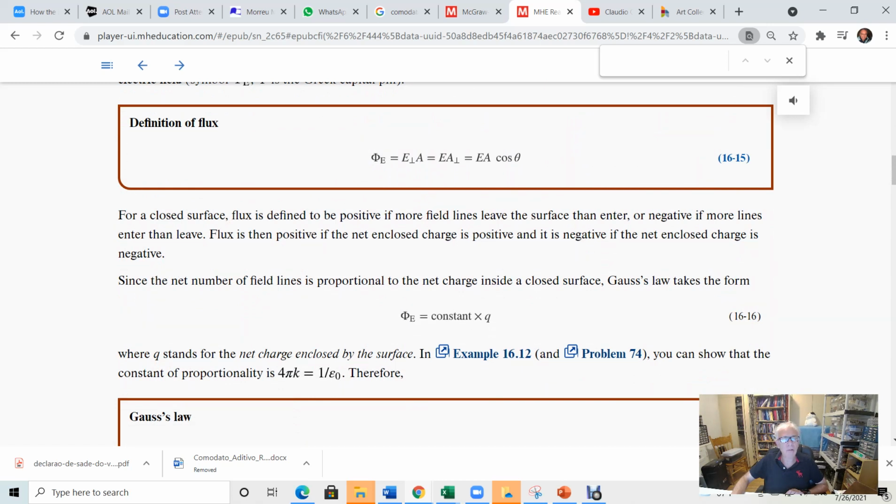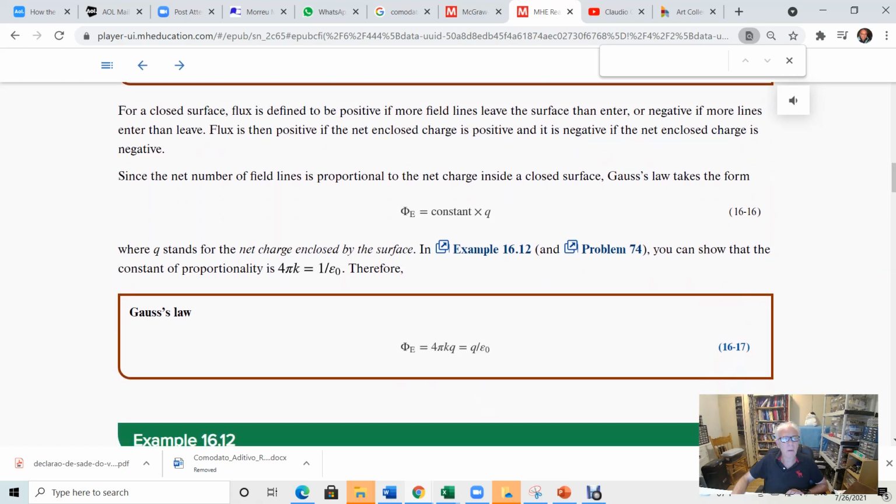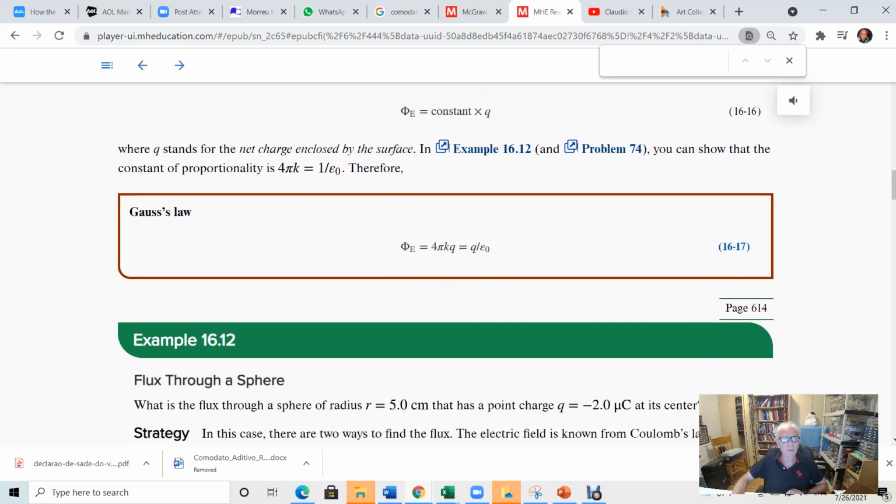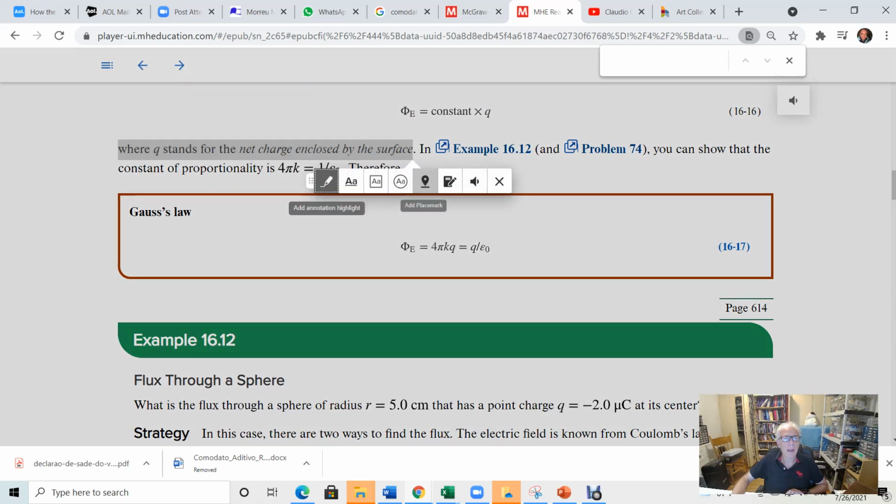So what about Gauss's law? How does it take the form? Okay, Gauss's law takes the following form. Here you go. It's written right in here.